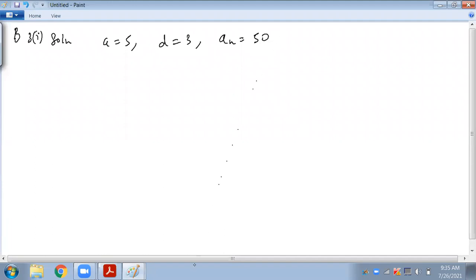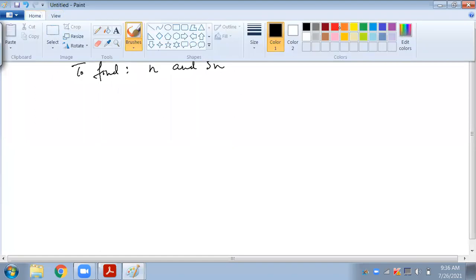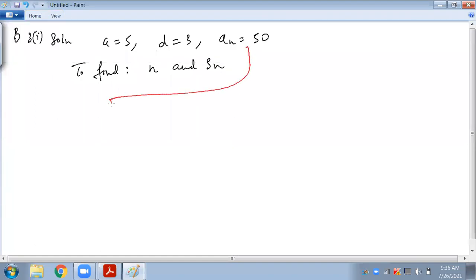To find what? You also find n and Sn. Okay, now here we know the nth term. Since we know it, we're going to use that and we are going to find n. So take the nth term equal to 50.